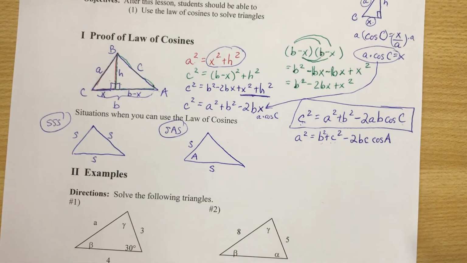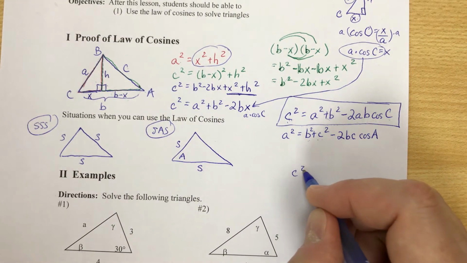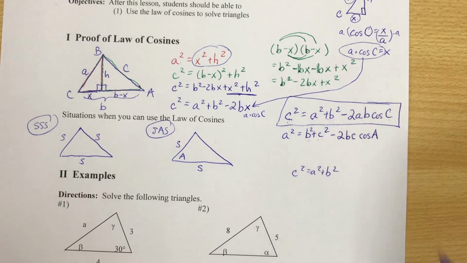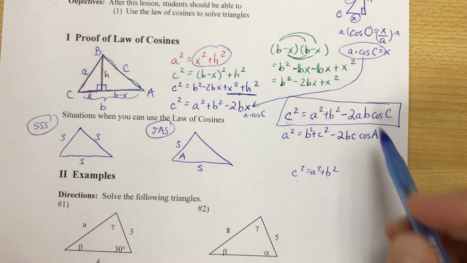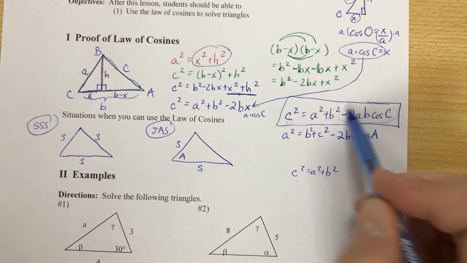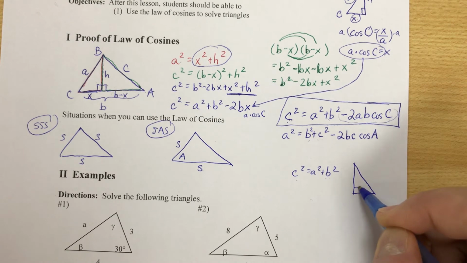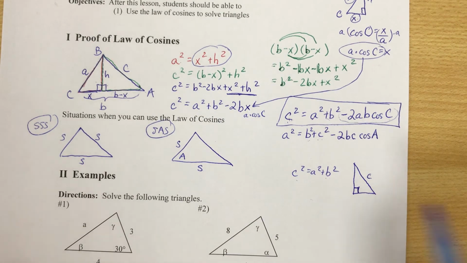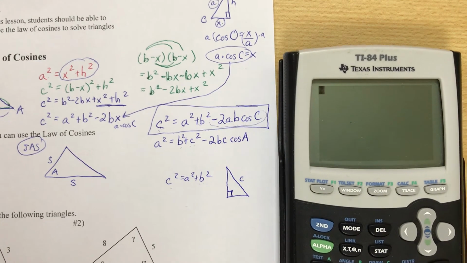Now one last thing before we do an example. This should look familiar to you. How about the Pythagorean theorem? a squared plus b squared is equal to c squared. The difference is that we have this situation here. The Pythagorean theorem only works for a right triangle, and c is the hypotenuse in this case. Just to show you, the cosine of 90 degrees is equal to 0.